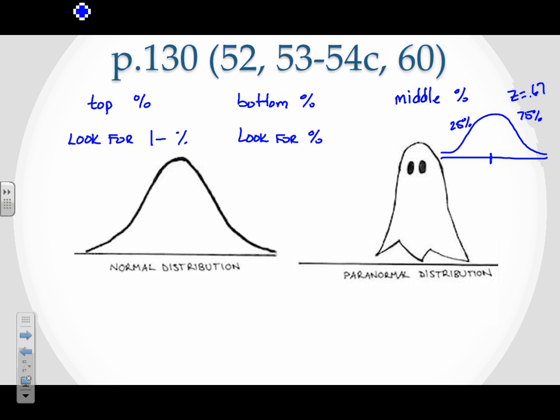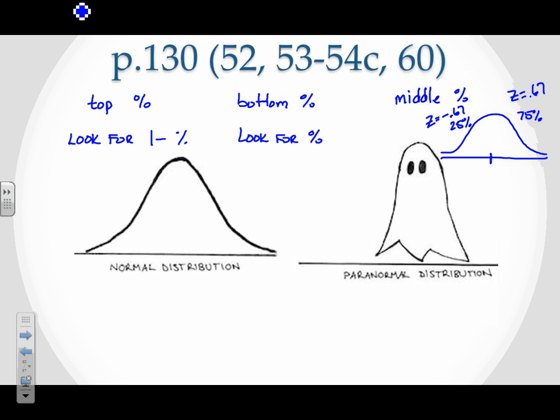Go ahead and look it up. So look for 25%. Find the percentage that's closest to 25, and then find the z-score associated with that. And you should find negative 0.67, right?